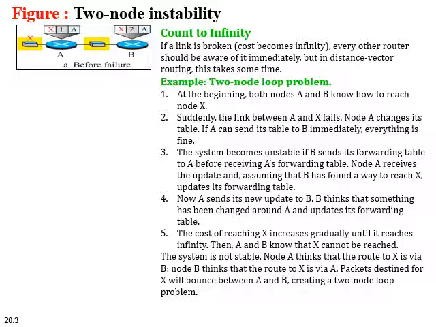At the beginning, both nodes A and B know how to reach node X. B can reach X via A and A can directly reach X. The router table is given as: A can reach X with cost 1, and B can reach X with a cost of 2 with the intermediate node as A. So this is the beginning, before failure of the link. So let us see what happens next.